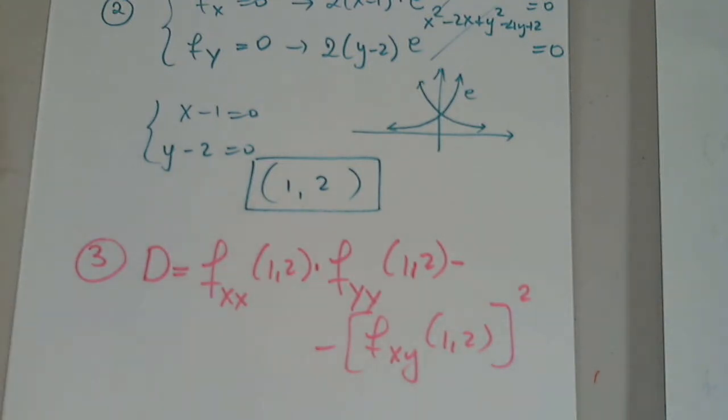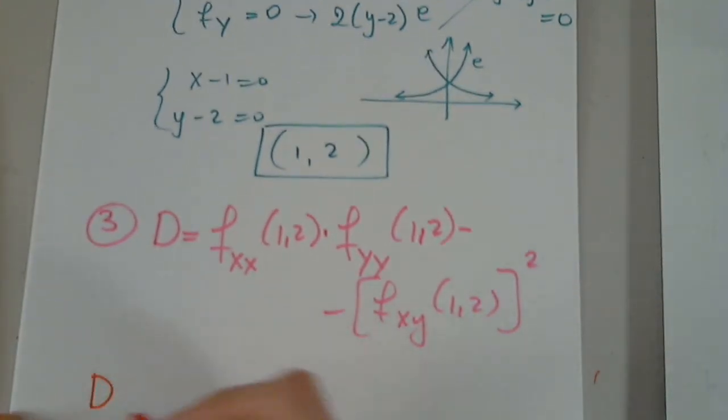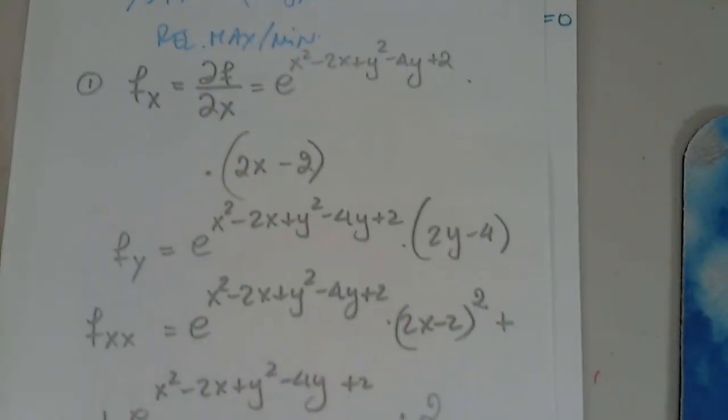So that's D. So let's calculate it. And if you remember, there are three possibilities: 0, negative, or positive. Okay, so fxx, where is fxx? Right here, this monster, okay?